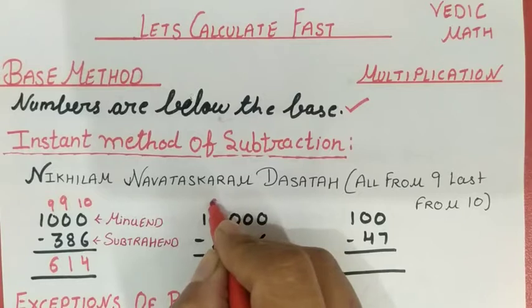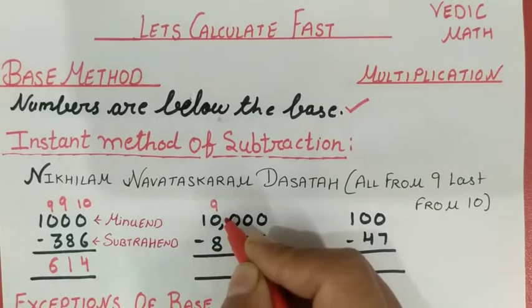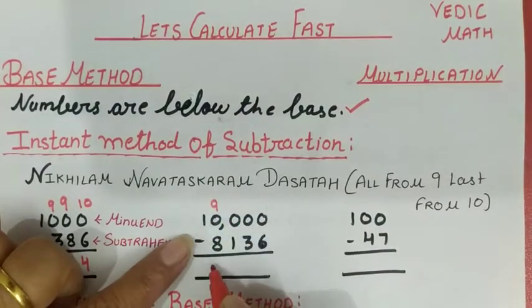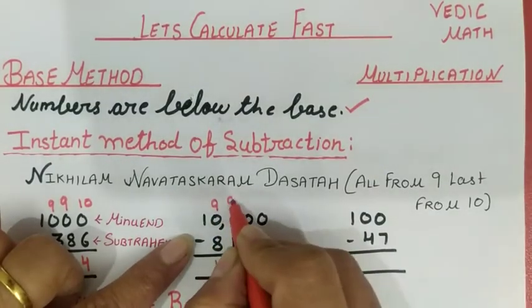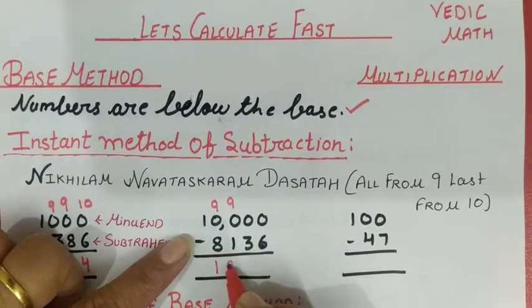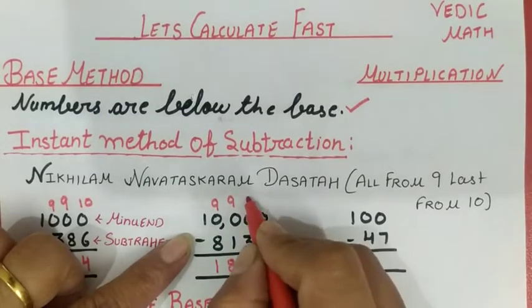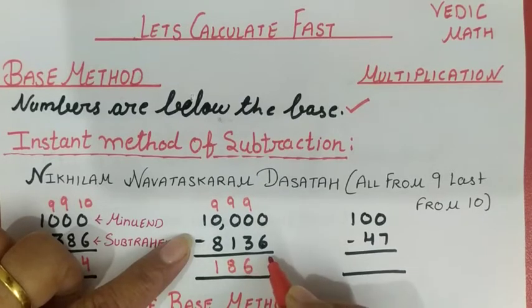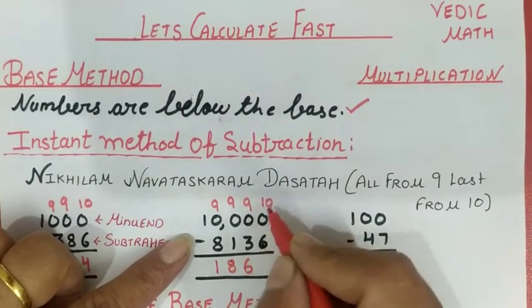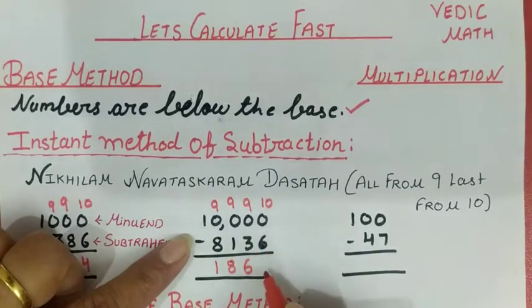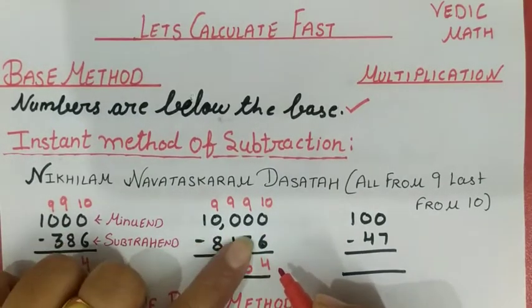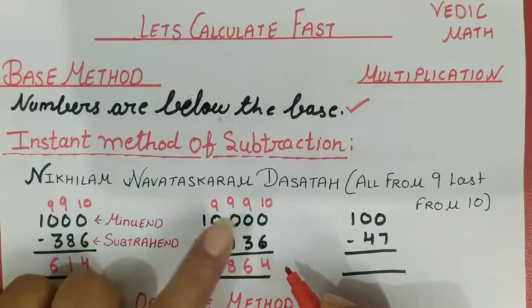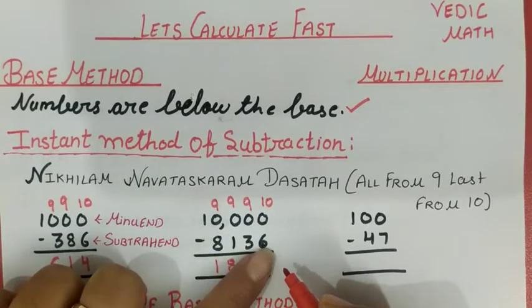Subtract 8 from 9: 9 minus 8 comes out to be 1. 9 minus 1 comes out to be 8. 9 minus 3 comes out to be 6. And as you reach the last digit, subtract it from 10. All from 9, last from 10.